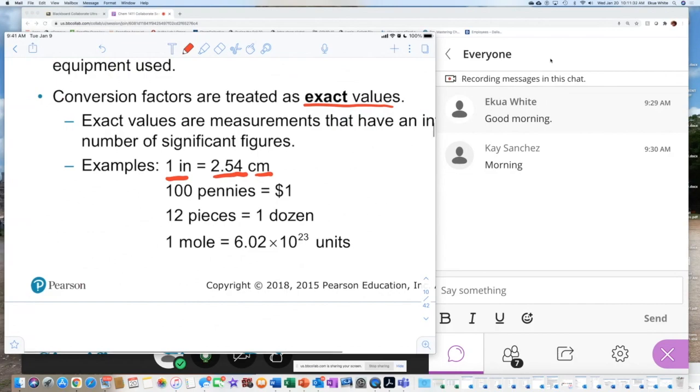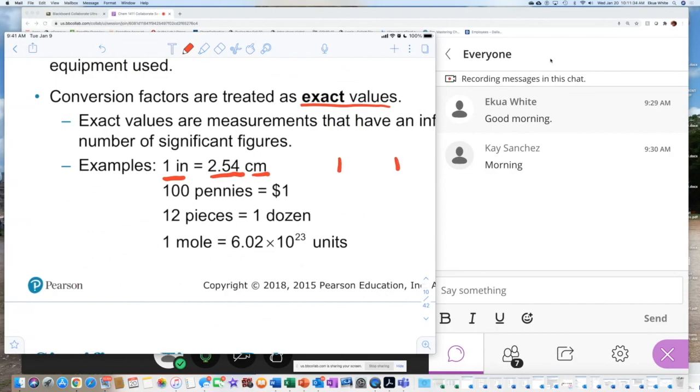So if you measure the length of 1 inch, let's pretend this is 1 inch, if you measure it in inches, it will be 1 inch. If you measure it in centimeters, it will be 2.54 centimeters. Two different numbers just because you have different units. These values do not change ever because the relationship is fixed. So because they are fixed values, they're considered exact values.